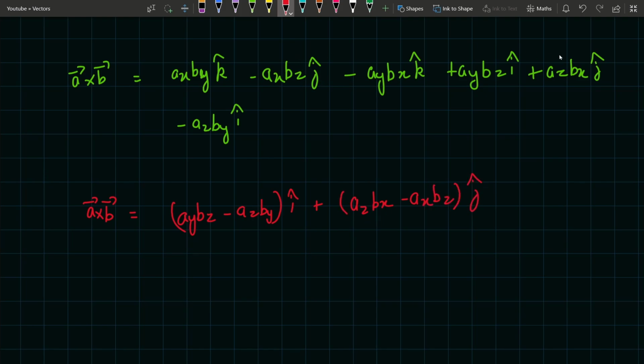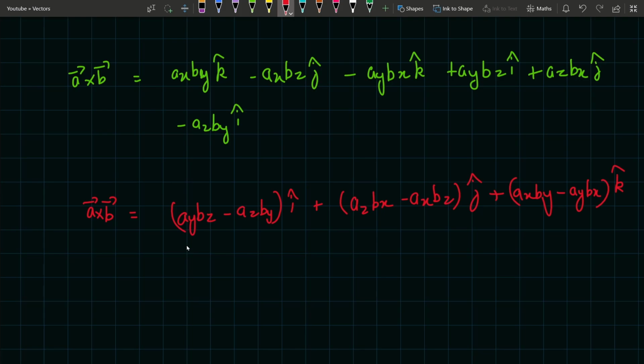I'm just taking j cap common out of these two terms. Now for the k caps, ax by minus ay bx, k cap. So this is the final result for the cross product of two vectors in ijk format.